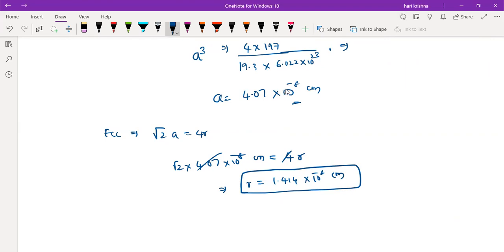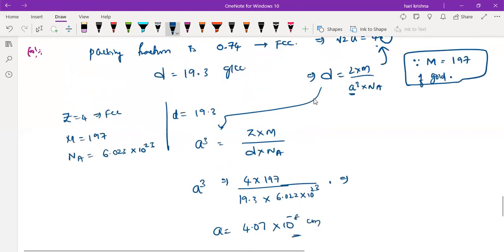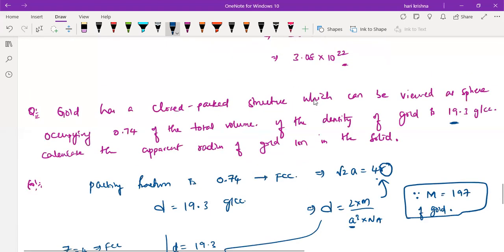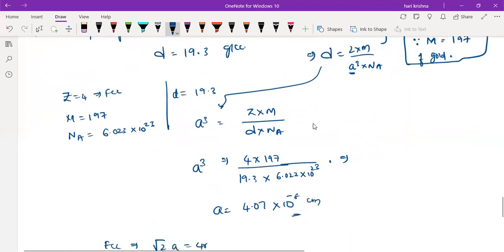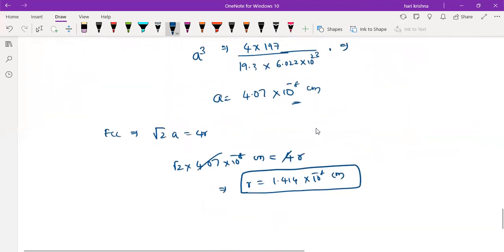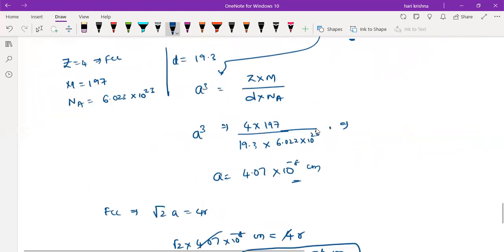Is it clear how to solve this type of problems? Yes, sir. Today I'm doing different types of problems which are very important for the JEE. Is it clear or can I explain it once again? Clear, sir.